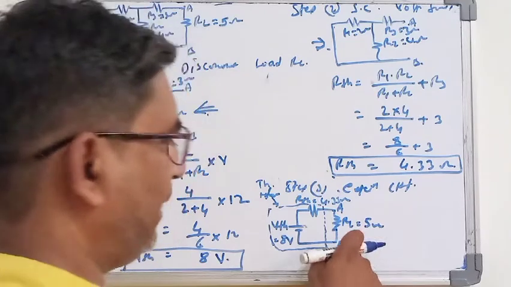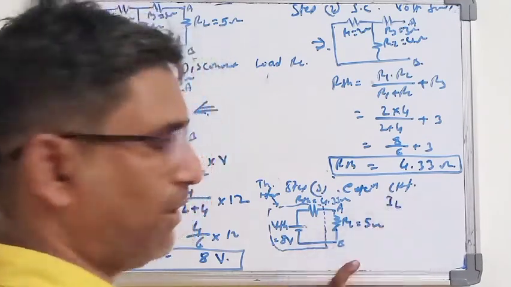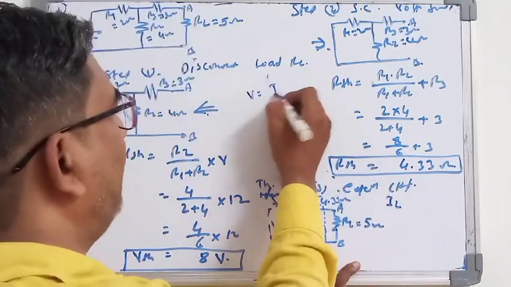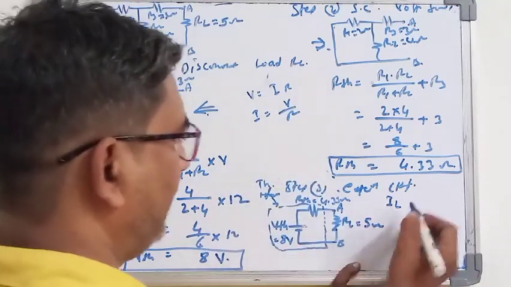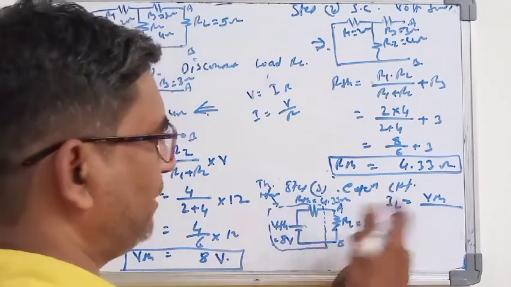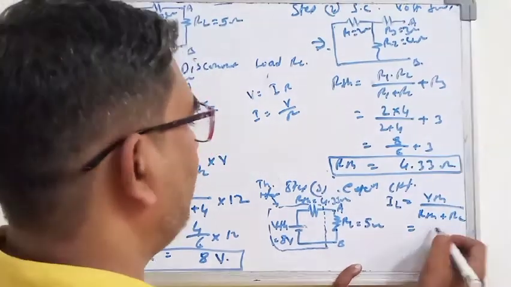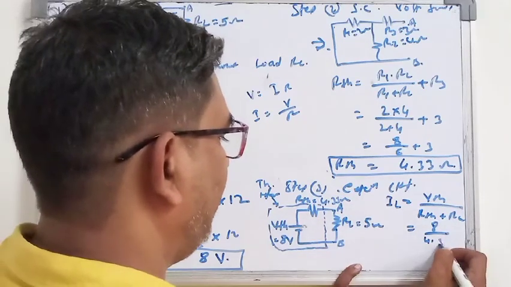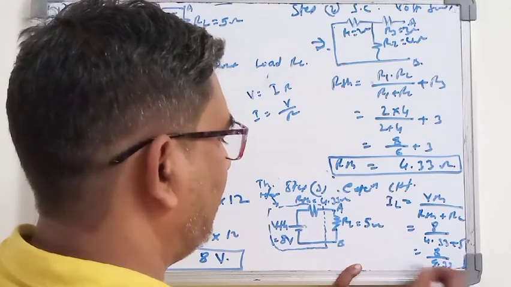Okay, then at the end, as I told you, we have to find out the value for IL. So IL is equal to, you have the formula V is equal to I into R, therefore I is equal to V upon R. So what is the value for V? It is VTH divided by RTH plus RL, since RTH and RL are in series. VTH value is 8, then 4.33 plus 5, so it is 8 divided by 9.33.